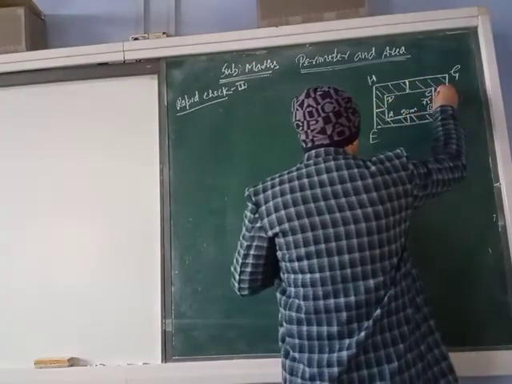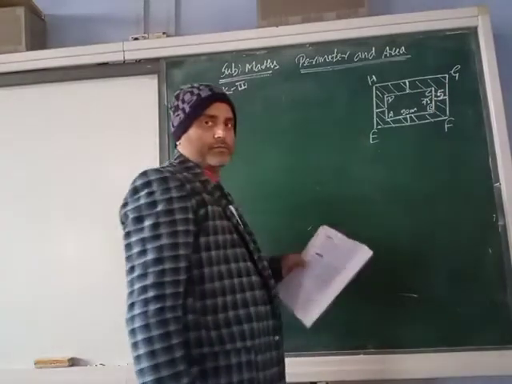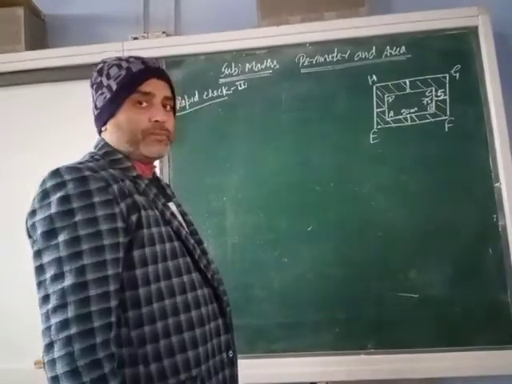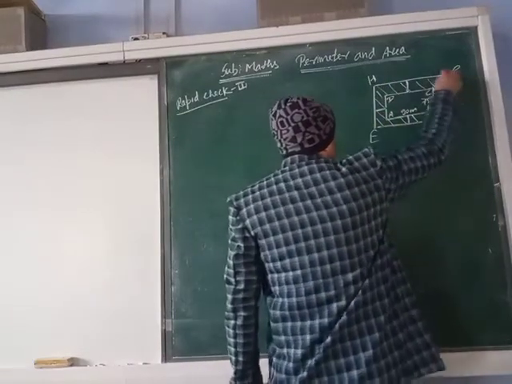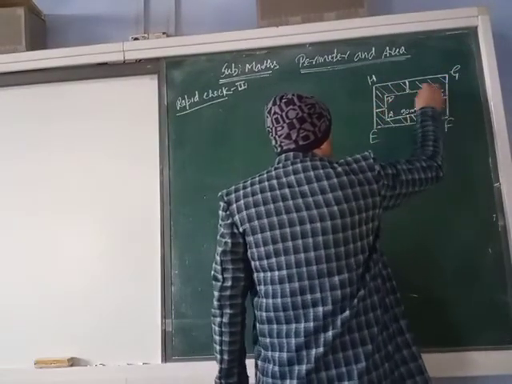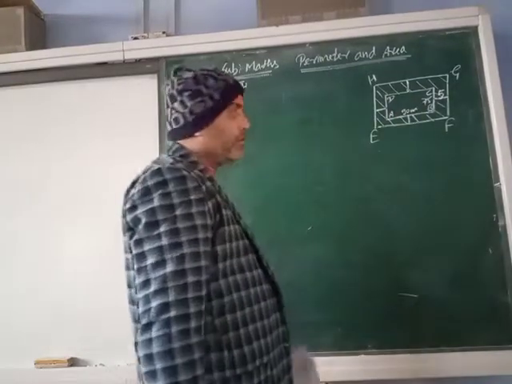So what do we have to do? First of all, we find the area of this outer rectangle, then subtract the inner one, and then we will get the area of the path.